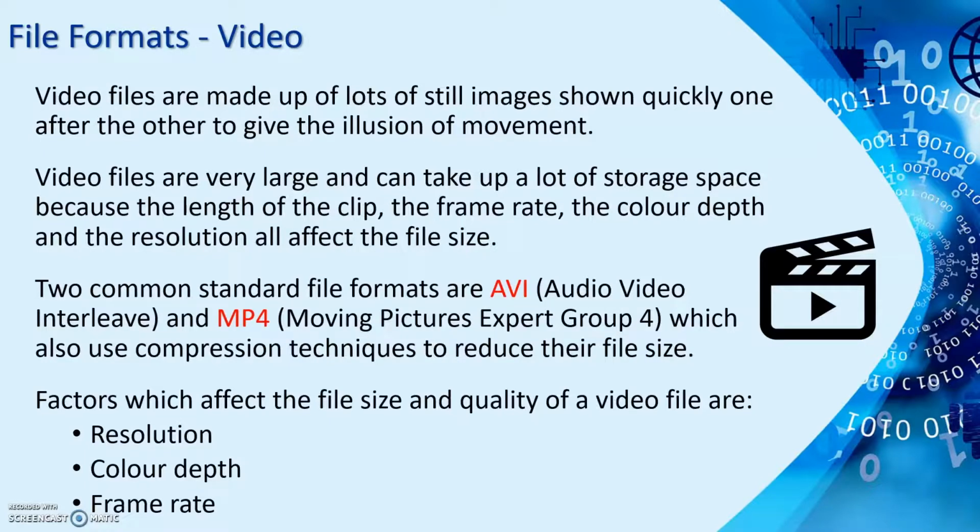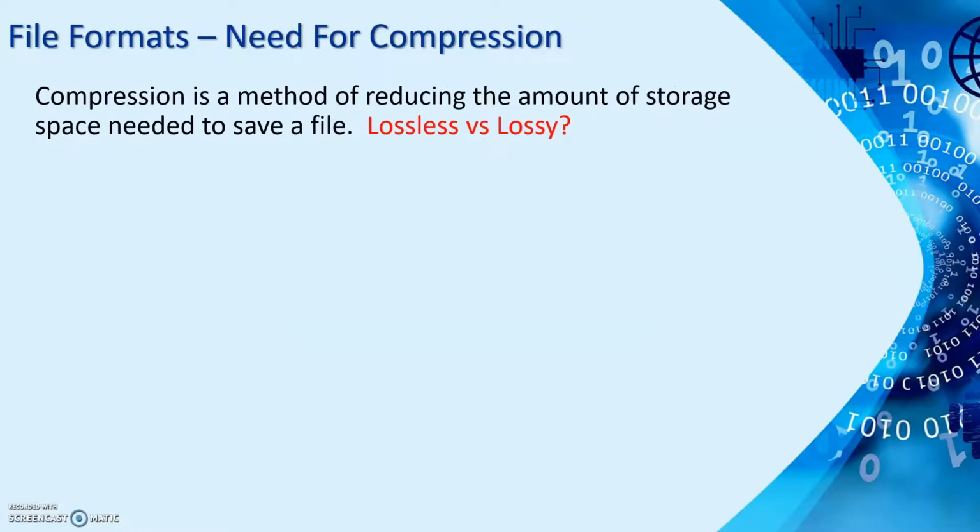Okay. So compression, I've mentioned it lots of times. What is compression? Compression is a method of reducing the amount of storage space needed to save a file. So compressing something means squashing it together so that it will take up less room. You've got lossless compression and you've got lossy compression.